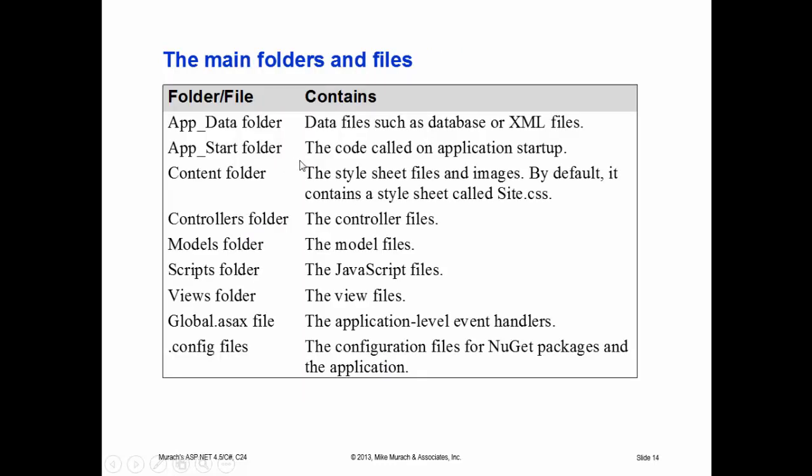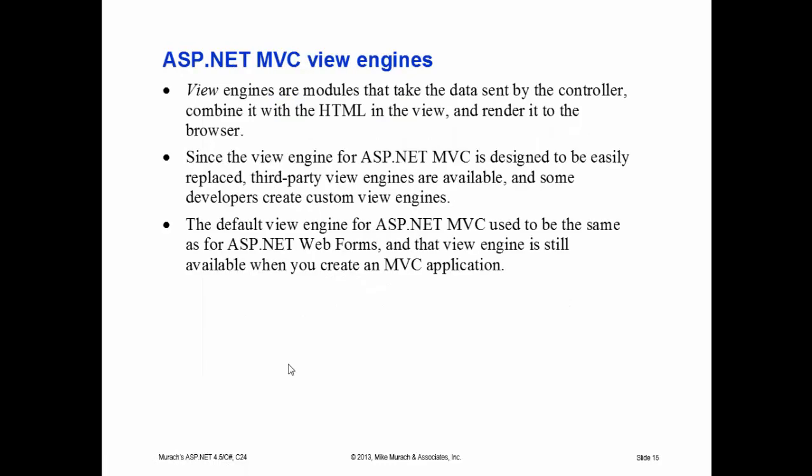There's an App_Start folder that just houses code that you want called on application startup. App_Data we know about already. There's a Content folder where we put style sheets and images. Then we talked about the Controllers, Models, and Views folders. There's a Scripts folder if you're going to include JavaScript, and then your usual config files. I mentioned the Global.asax file.